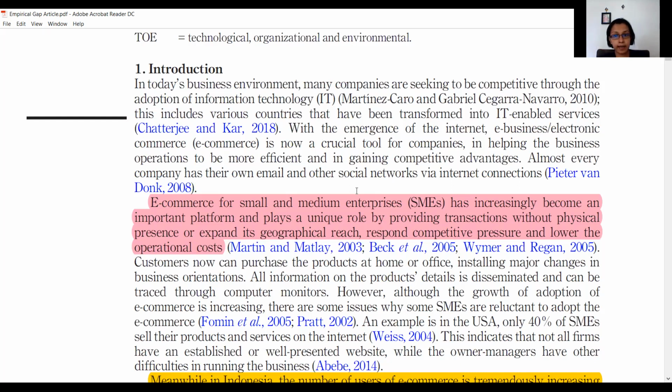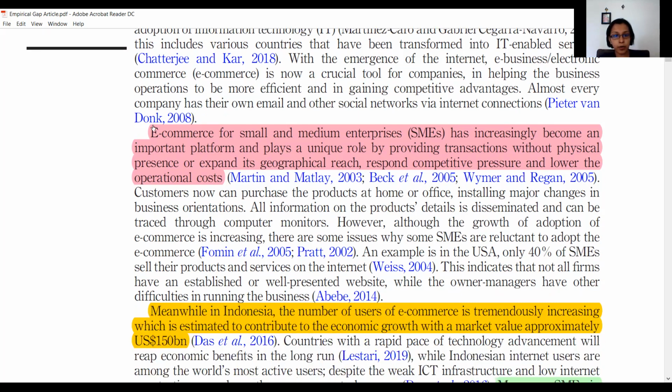It says something here also about IT, information technology. In this pink-highlighted point, it says e-commerce for SMEs has increasingly become an important platform and plays a unique role by providing transactions without physical presence, expanding demographic reach, responding to competitive pressure, and lowering operation cost.